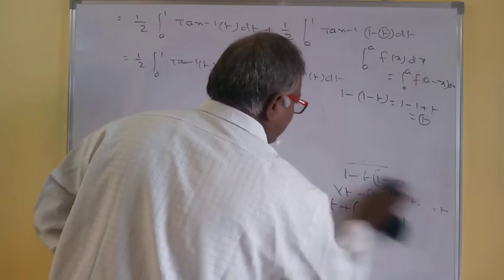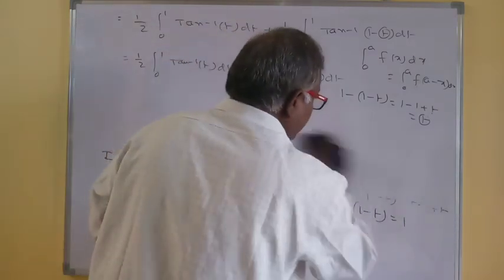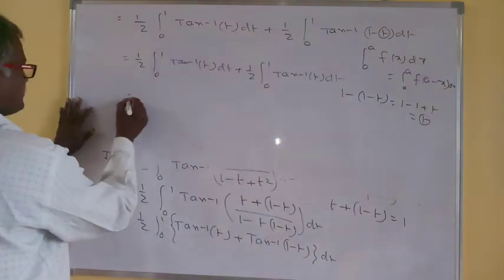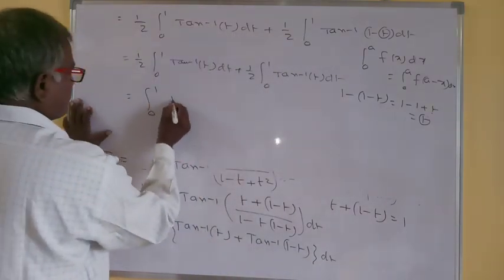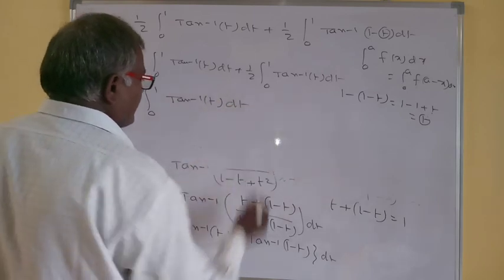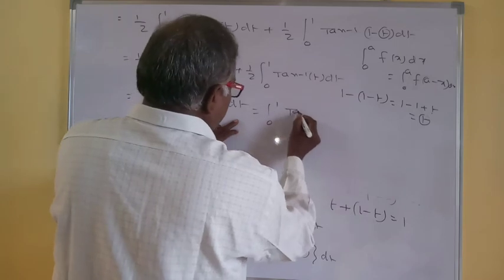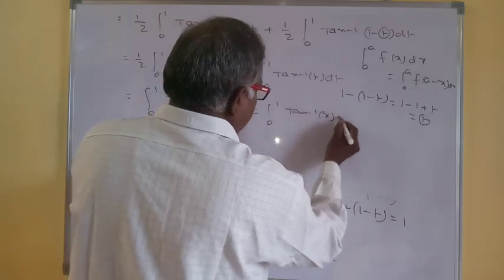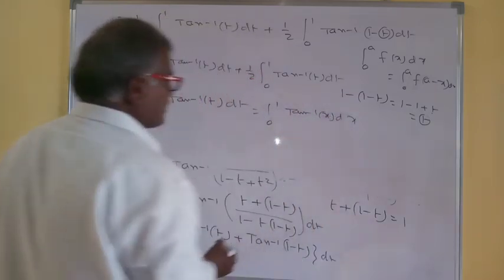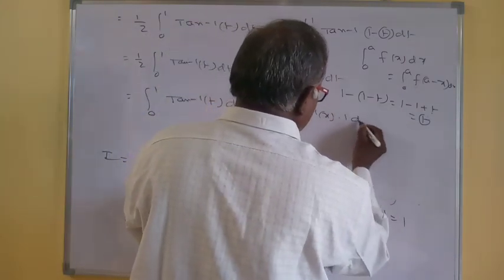Now we have to integrate with respect to t. This is nothing but integral 0 to 1 tan inverse t dt, or simply tan inverse x dx. Whenever tan inverse x is there, the second function is simply 1.